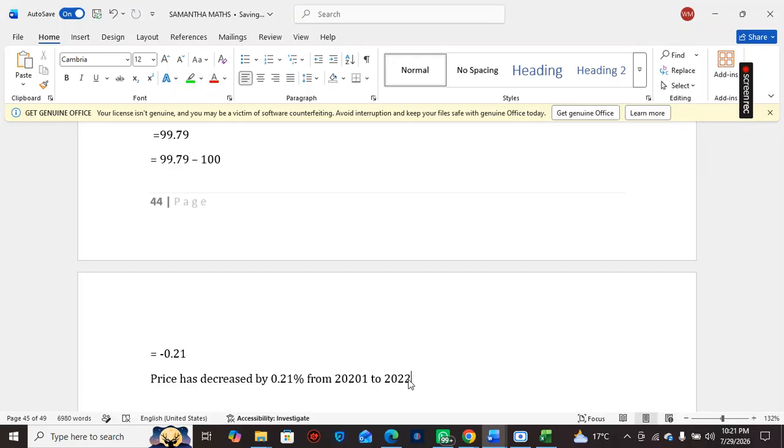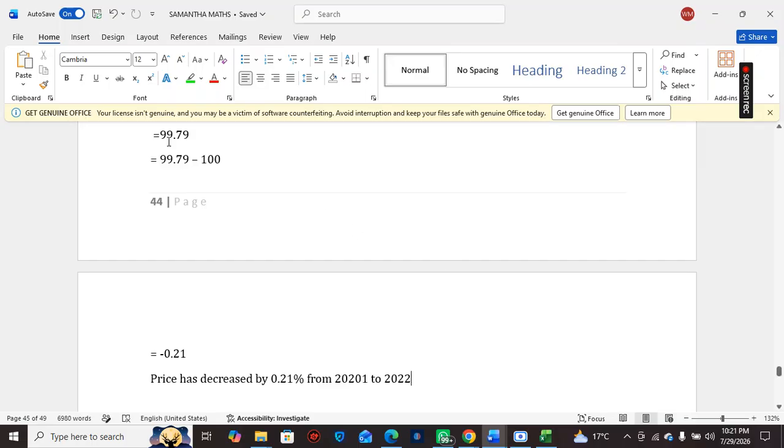Yes. So colleagues, that's how you do these price and quantity indices basically. Just remember, an index number is one number that represents a group of things.